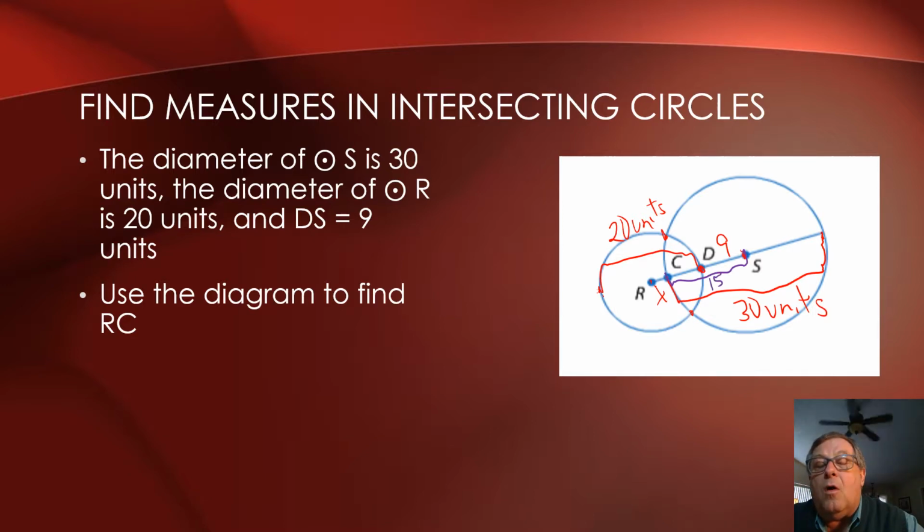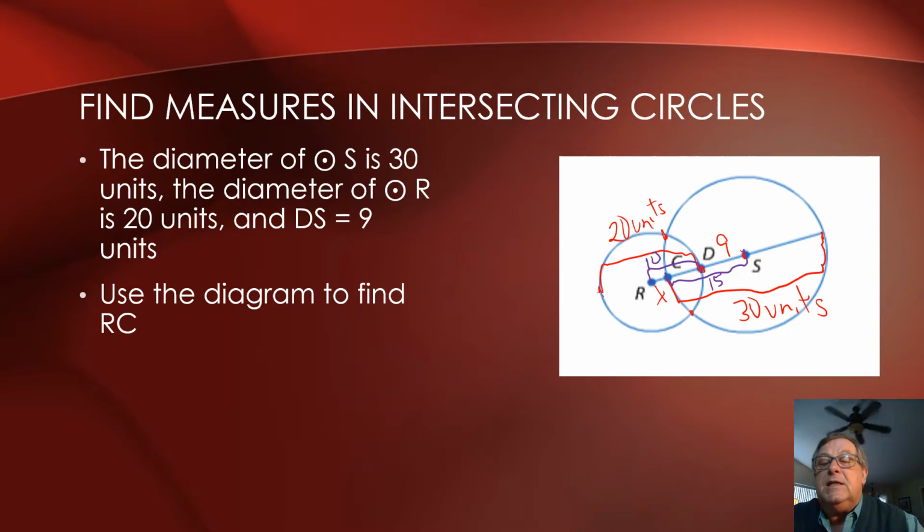And the radius of circle R, going from the center of circle R to endpoint D, the diameter is 20, so this radius here is 10. And then we know that this portion of the radius, DS, is 9.